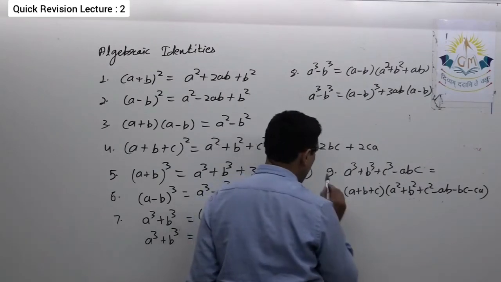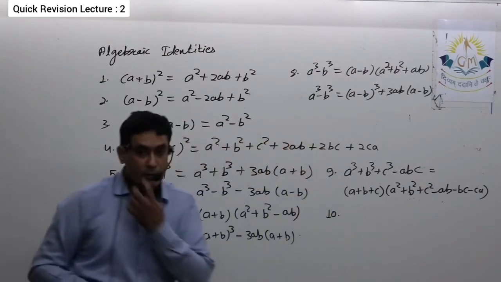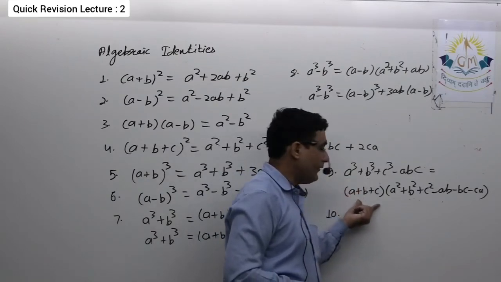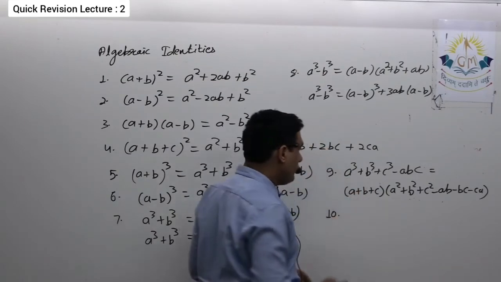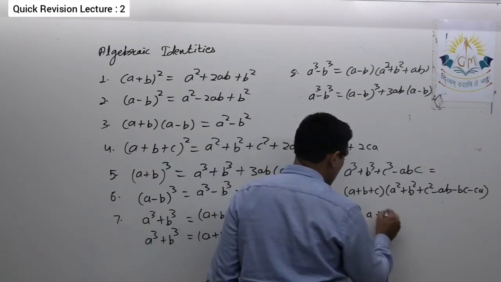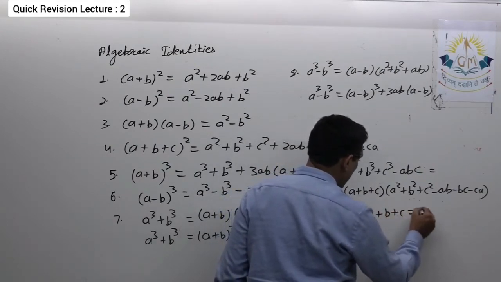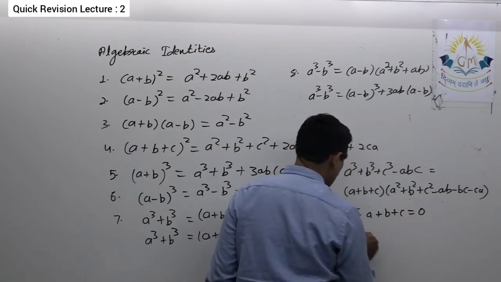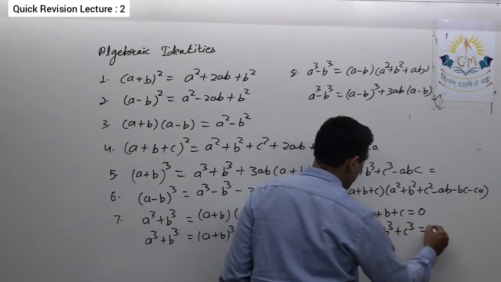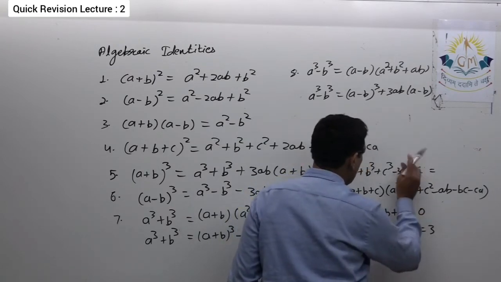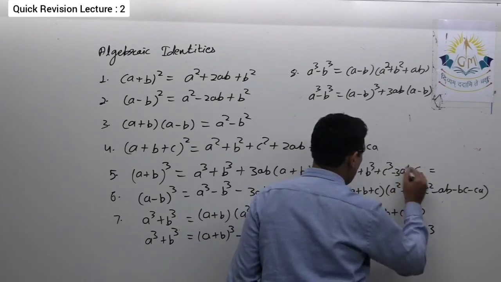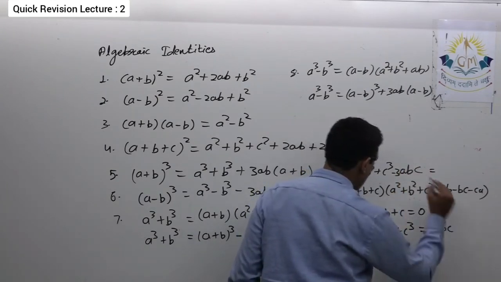Now the 10th identity is known as the conditional identity. That means in the ninth identity, if I make a plus b plus c equal to 0, then a cube plus b cube plus c cube is equal to 3abc.